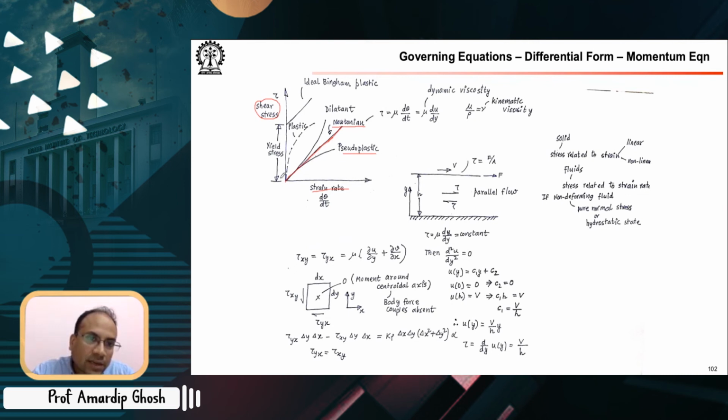At some levels of shear stress, a small change in shear stress creates a large change in the strain rate. That is given the special name pseudoplastic. Essentially this red line is Newtonian. Everything other than Newtonian will be non-Newtonian. So that's the broad classification.